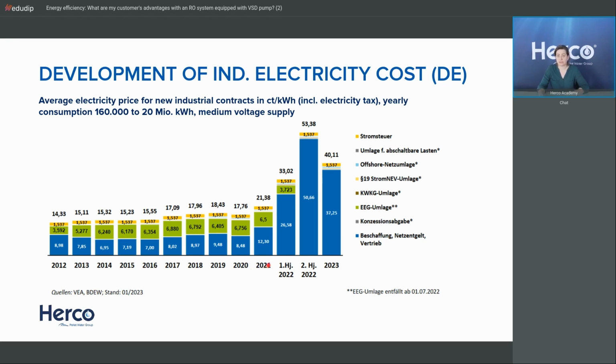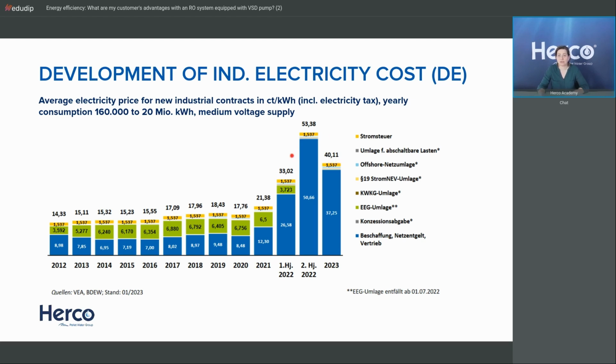Household consumers in Germany pay rather like 35 cents per kilowatt hour. So this is industrial, but it went up a lot due to the political, economical situation in the last year. And still in 2023, it is not quite so dynamic anymore, but it's still a really, really high value, 40 cents per kilowatt hour. That's quite a lot.